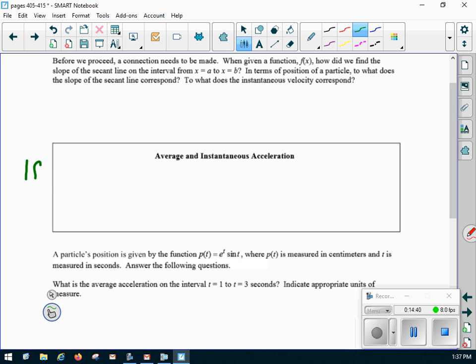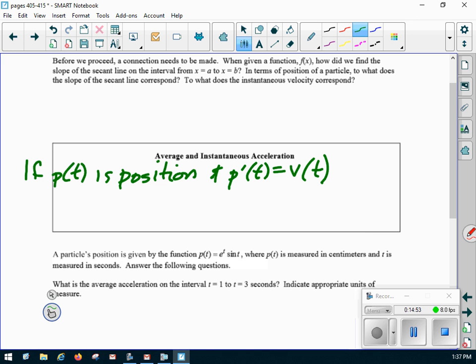If P of t is position and P prime of t is the velocity, how would you find your average acceleration?